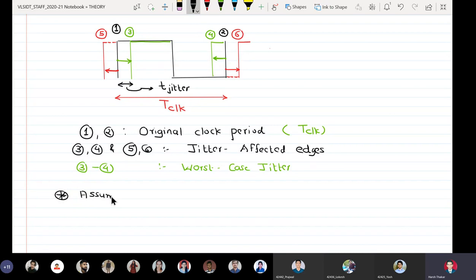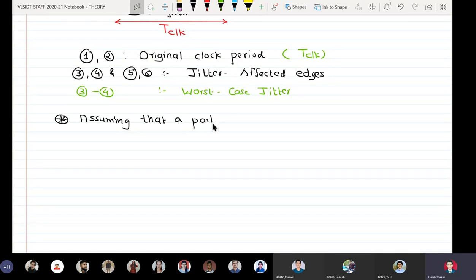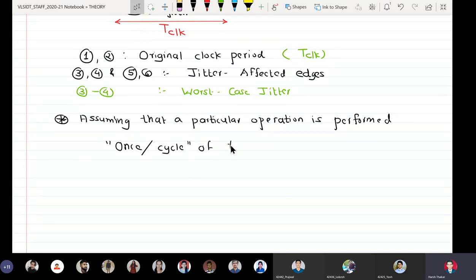Okay. So assuming that a particular operation is performed once per cycle of the clock.